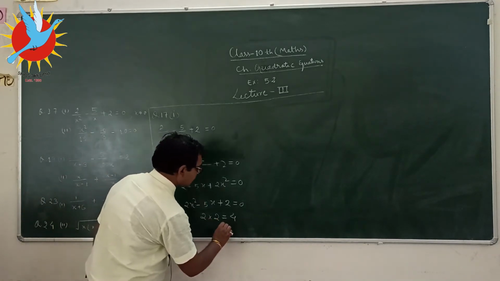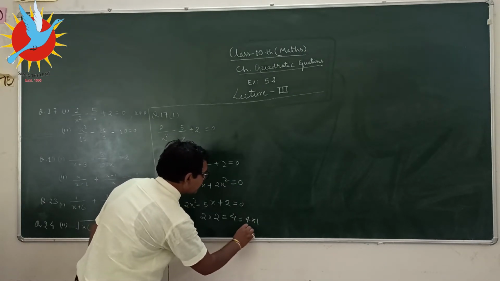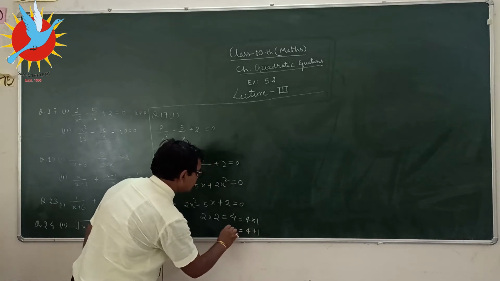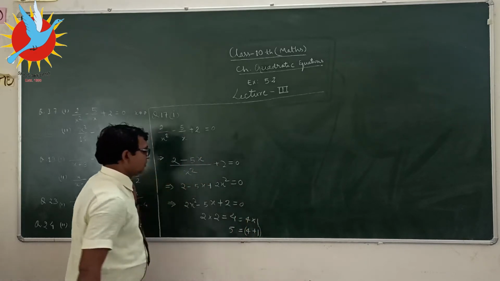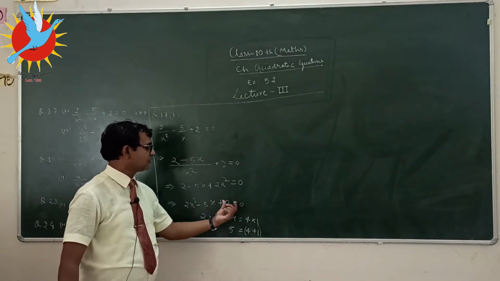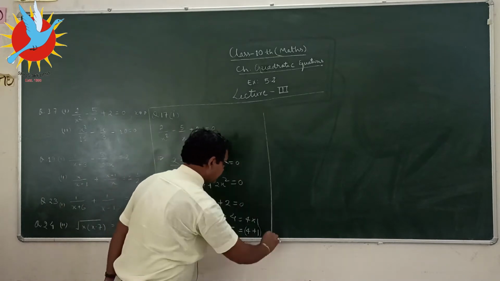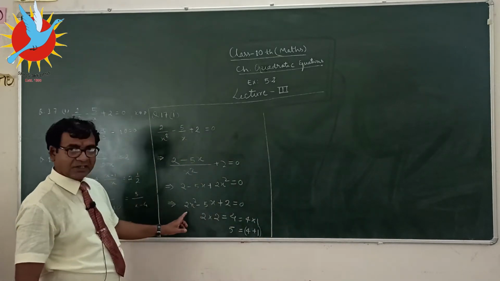This 4 can be written as 4 into 1 and 4 plus 1 is equal to 5. We have to replace 5 with 4 plus 1 in this quadratic equation, and we will be able to factorize it into 2 linear factors.